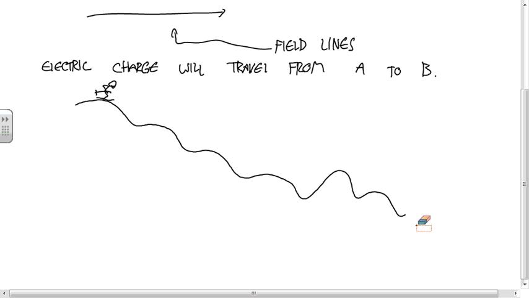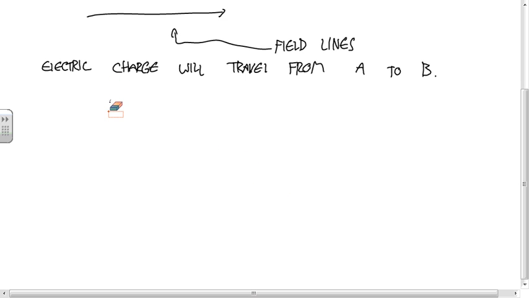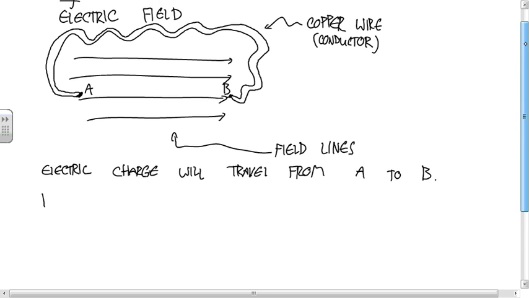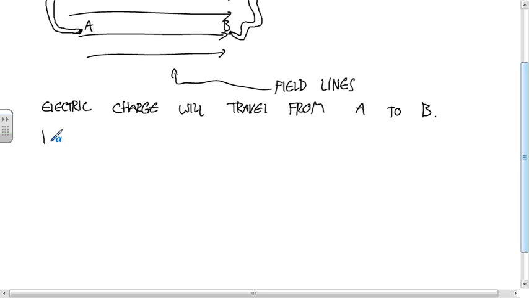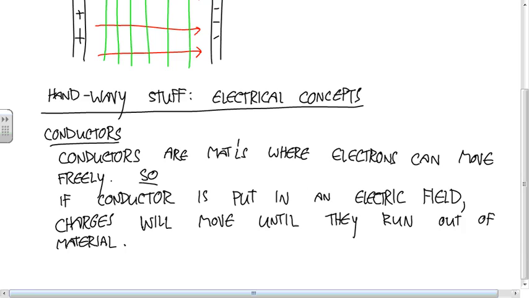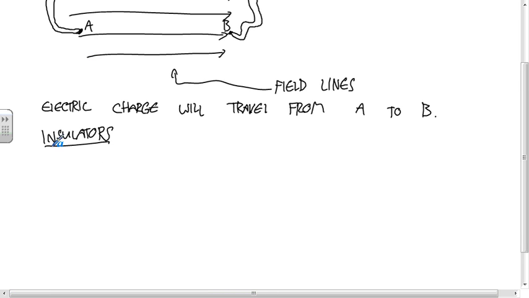Okay, the opposite of a conductor is an insulator. And insulators don't allow movement of electrons.